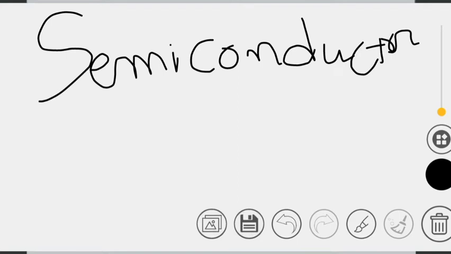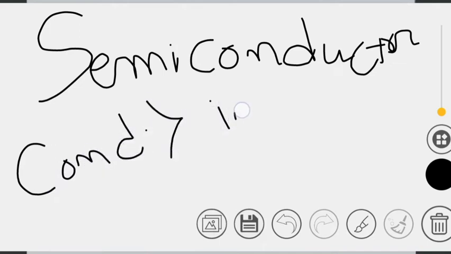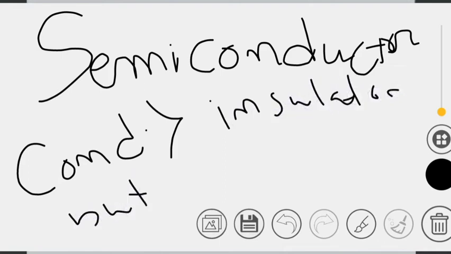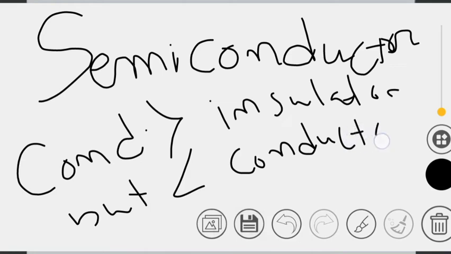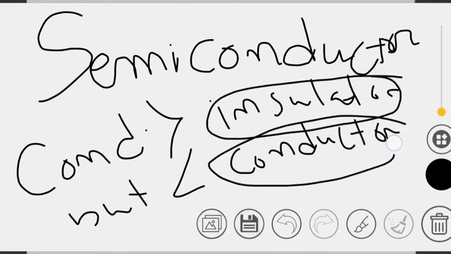Means their conductance is greater than an insulator, but less than a conductor. It lies between the insulator and the conductor.